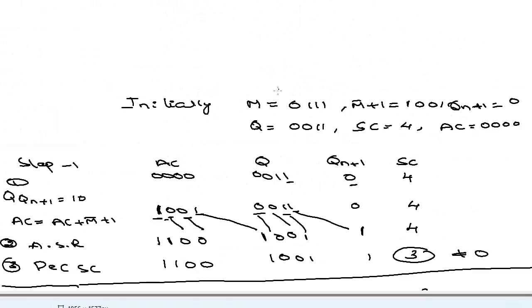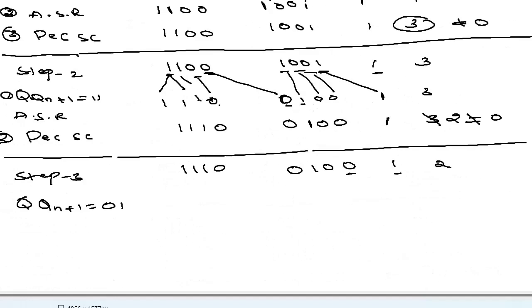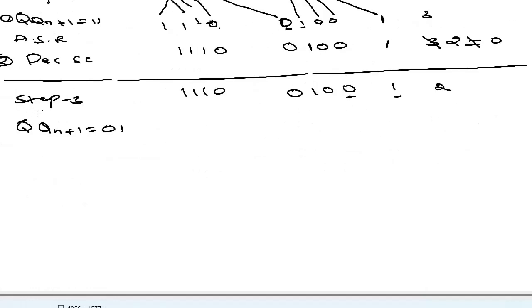So you see here, initially M we are taking as 0 1 1 1. Now we are adding: AC equals AC plus M. So M is 0 1 1 1, and the accumulator is 0 1 0 0 1.